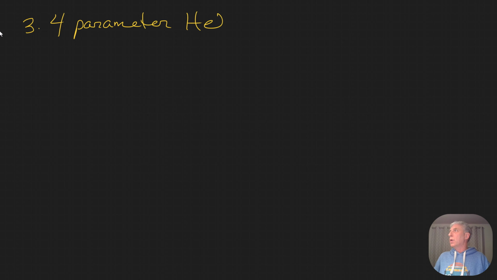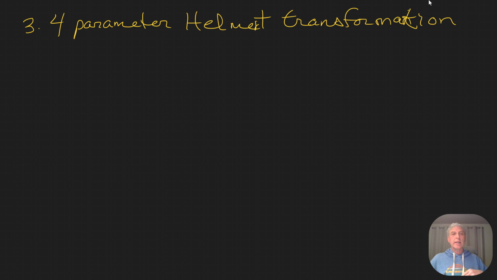So method 3. This would be the 4-parameter Helmert transformation. And it is going to look very familiar because we actually did it before with the vertical transformation.